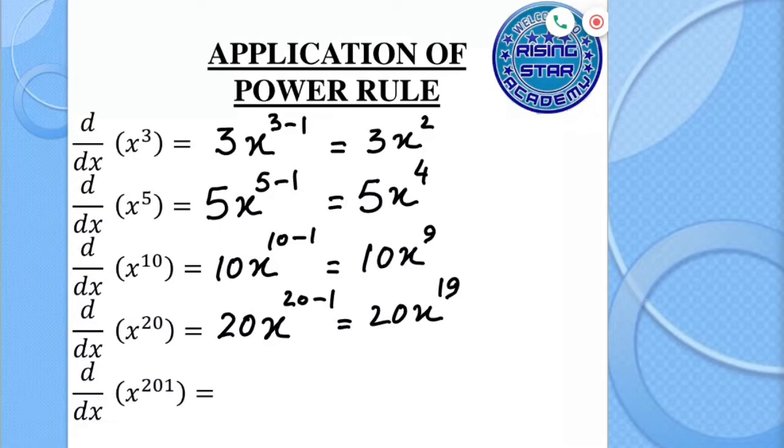The power is 201, so 201 x to the power of 201 minus 1, that becomes 201 x to the power of 200.